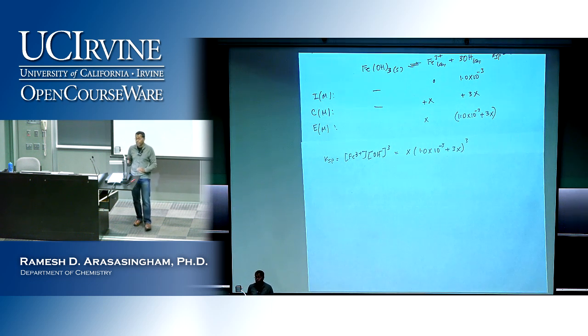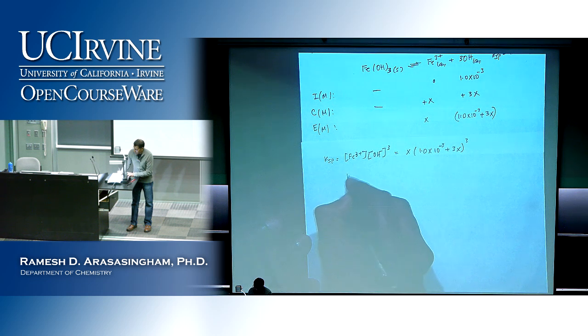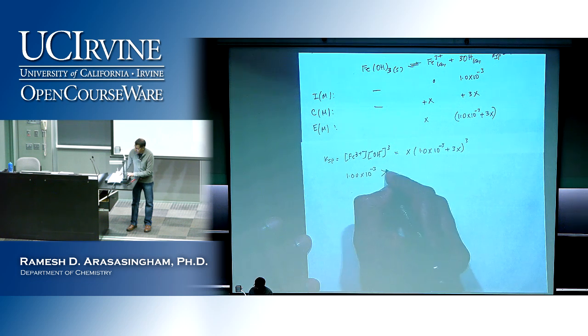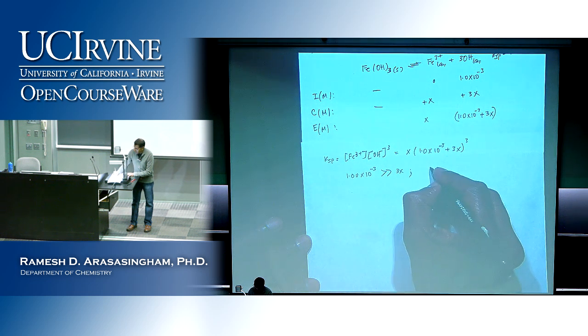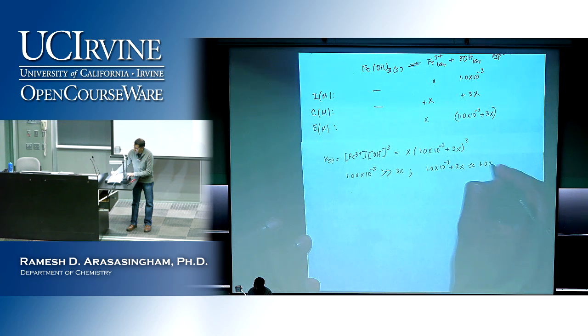Since Ksp is such a tiny number, we know 3x is going to be really small. So this 10 to the negative 3 has to be much, much bigger than 3x, and therefore we can say that 1 times 10 to the negative 3 plus 3x should approximate to 1 times 10 to the negative 3.